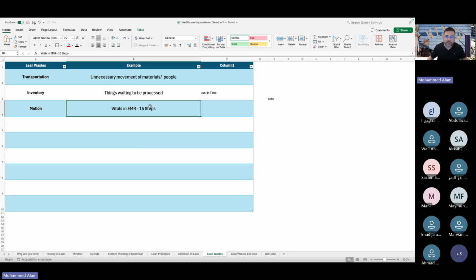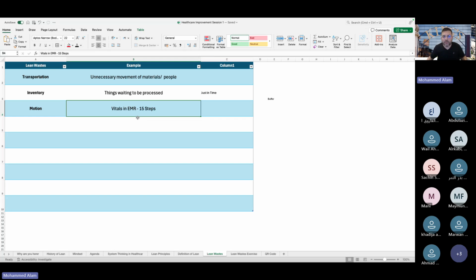Just imagine it takes 2 minutes for a nurse to do this, move here and there, click here, save it, copy it, paste it. It's a motion waste. So you multiply that 2 minutes by the number of patients, which can be in thousands. Let's say your hospital sees 2,000 patients. That is 2,000 multiplied by 2 minutes, 4,000 minutes wasted entering vitals.